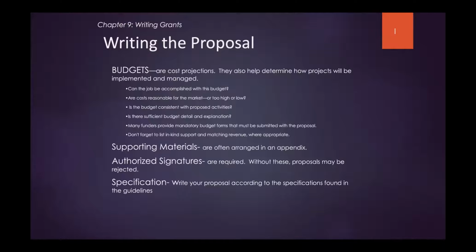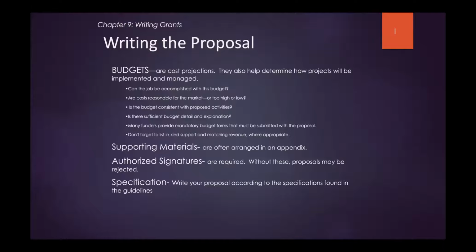And then, many times they will have their own forms that you have to do, and they might even have separate spreadsheets that you have to fill out. And many times these spreadsheets, depending again on the type of grant, could be highly complex.